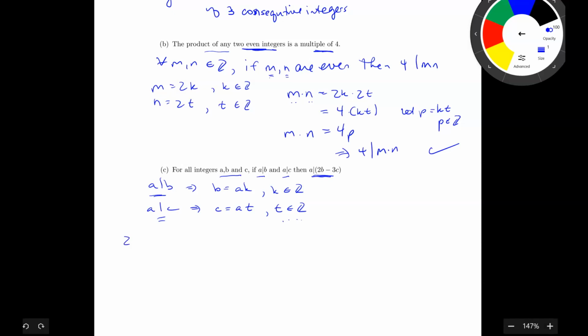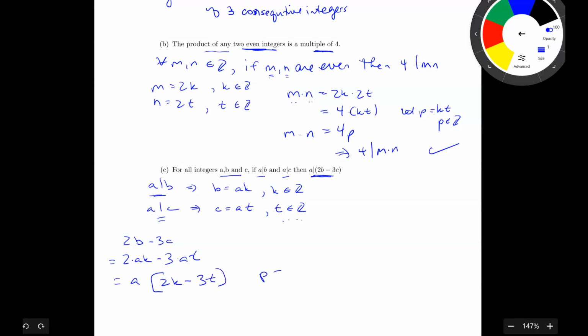Okay, so now let's start with 2b minus 3c, and let's substitute in. I know that b is equal to ak, and I know that c is equal to at. So I'm looking to find that a is a common factor, right? Can I pull out an a? I get a times 2k minus 3t.